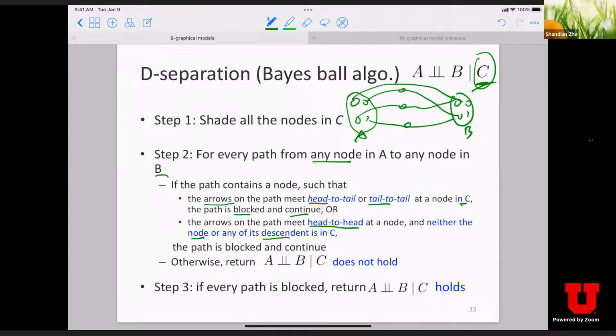So it's like you've got a path. This is the current node you're looking at, right? And if this node is not in C, not in the condition part, and any descendant of this node is not in C as well, then this path is blocked.